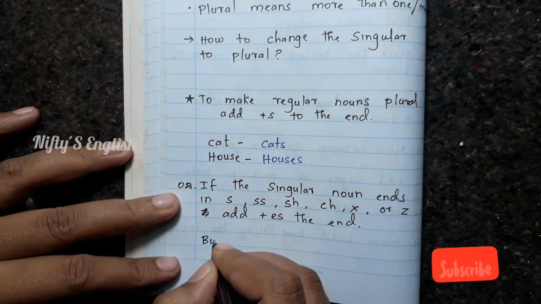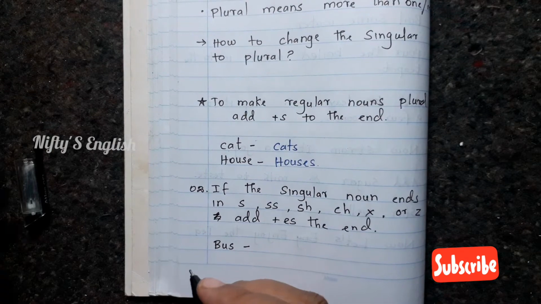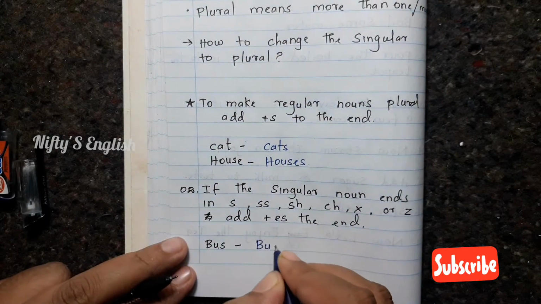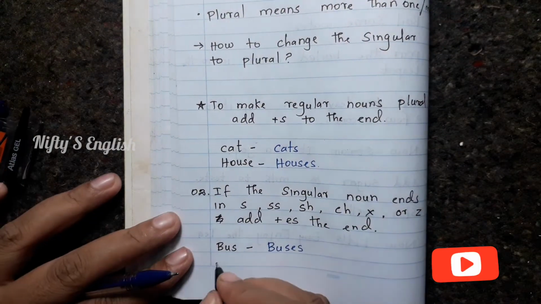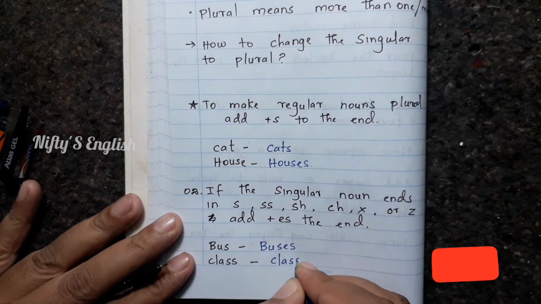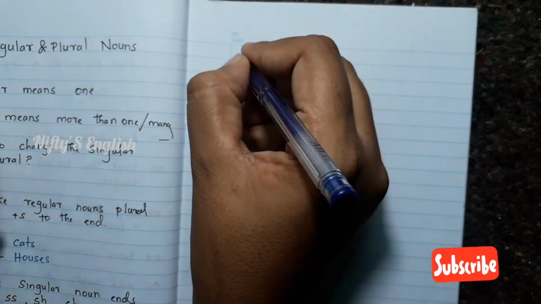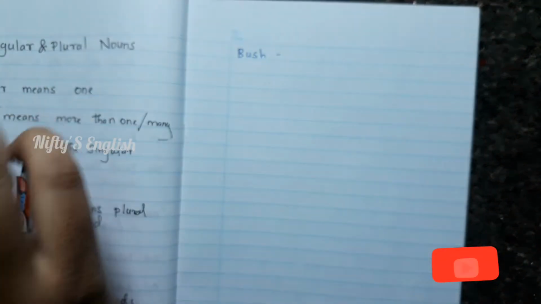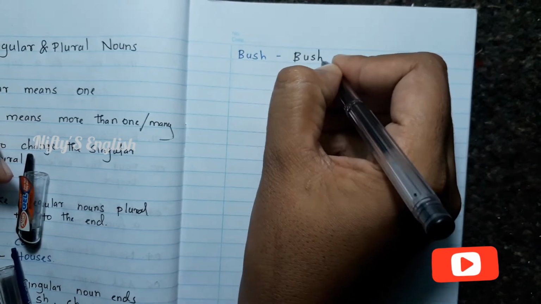For example, bus, buses, because the ending letter is s. Second one is class, the plural form of class is classes, because the last letters are double s, so add es.